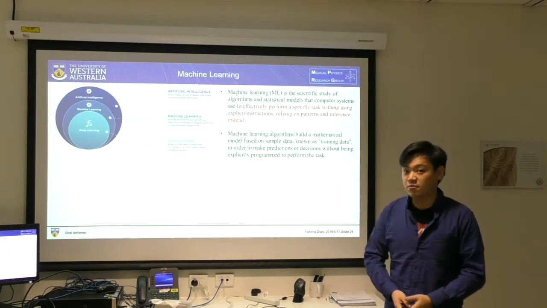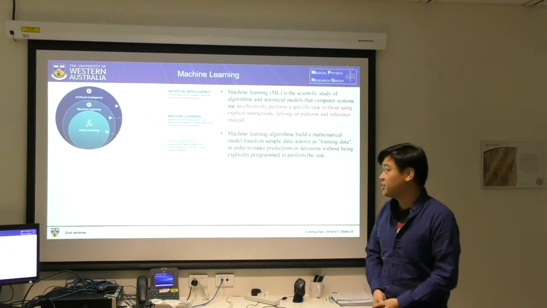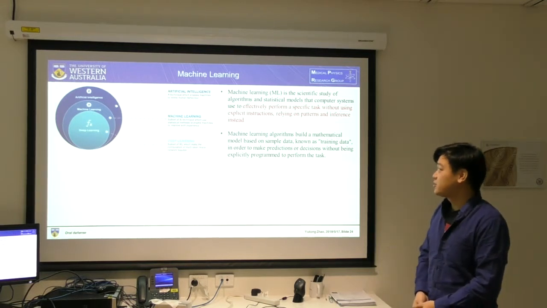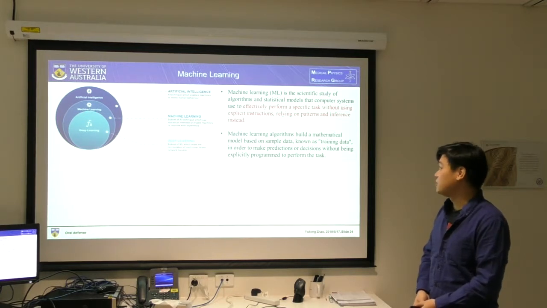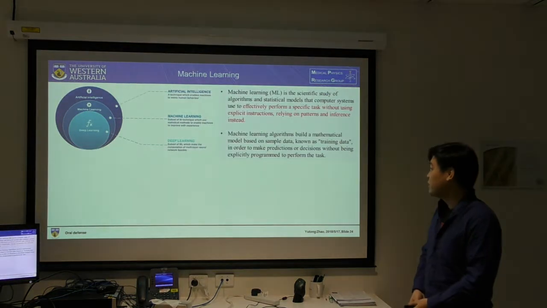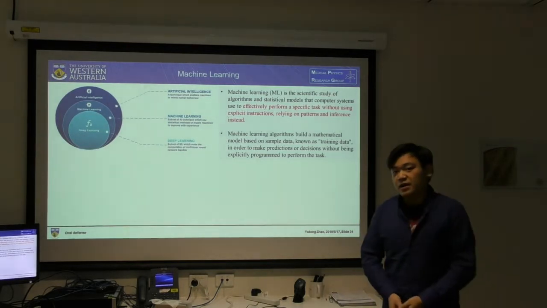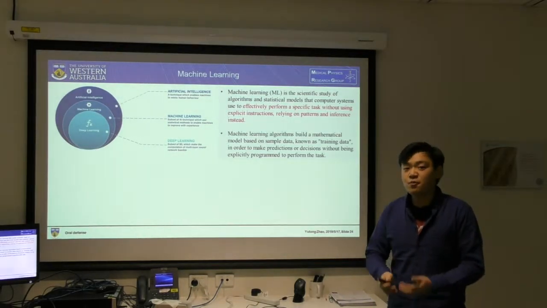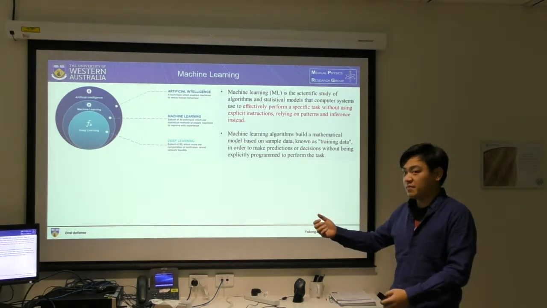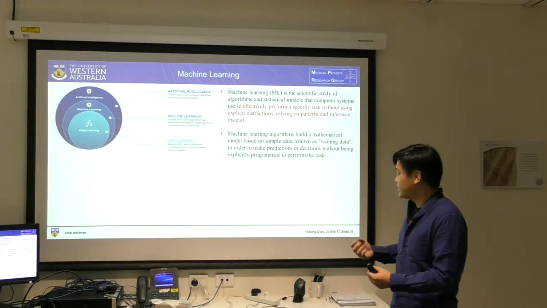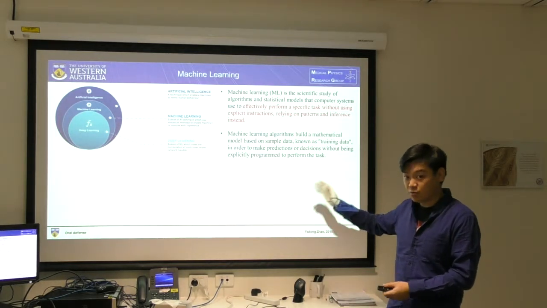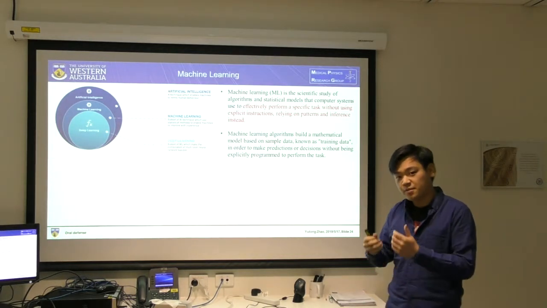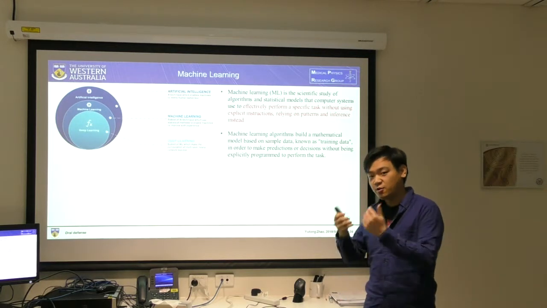That help comes from machine learning. Machine learning basically is a program that effectively performs a specific task without using explicit instructions, relying on patterns and inference instead. The only thing that humans need to do, except programming this program, is to train the program, feed the program, teach the program, let the machine learning program make the correct decision.